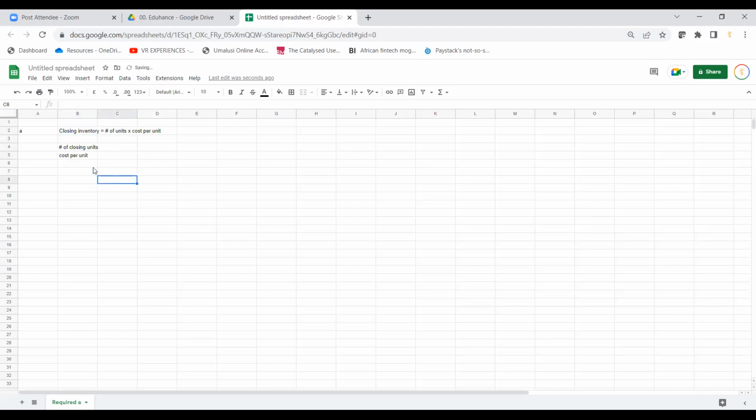So what do we know? We know we don't have any of those numbers. We don't have the cost per unit, and we don't have the closing units. So that means we'll have to work it out. So this will give us closing inventory balance. Okay, so I just took this and I rearranged it like that to help me easily calculate using Google Sheets.